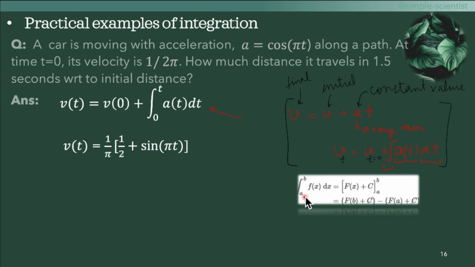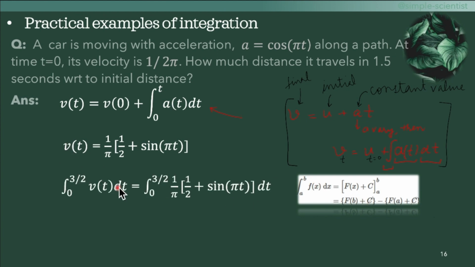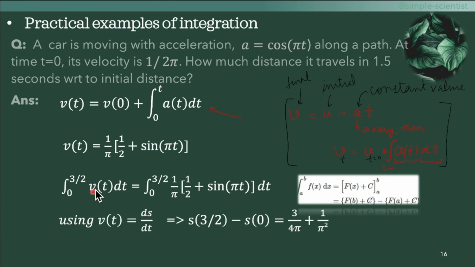We use the integration procedure on both sides of this expression using this formula, putting v of t equals ds upon dt and doing the integration, and we will get this expression.